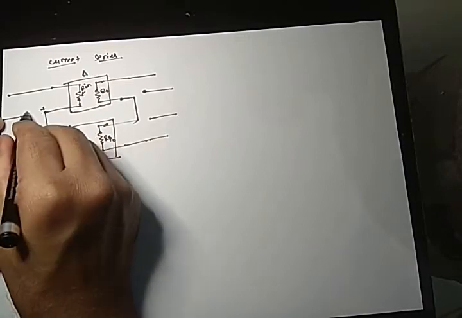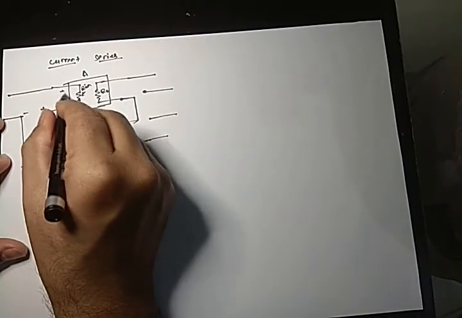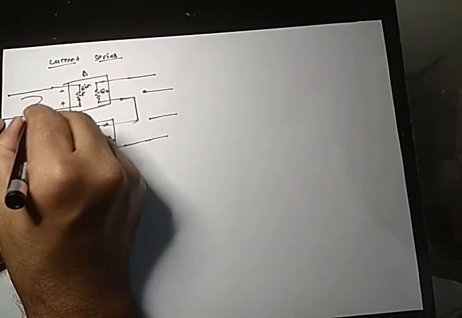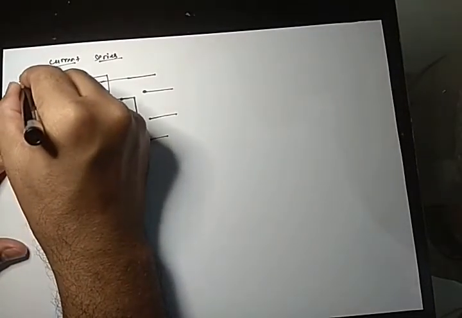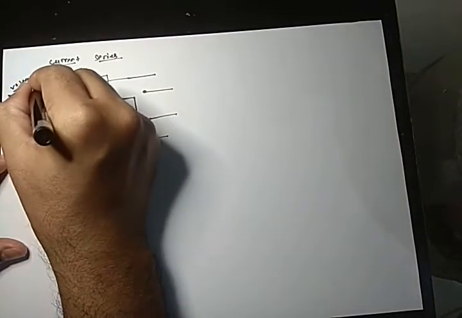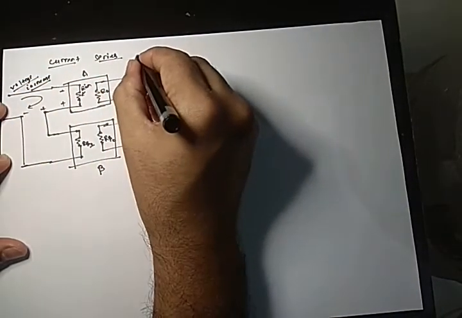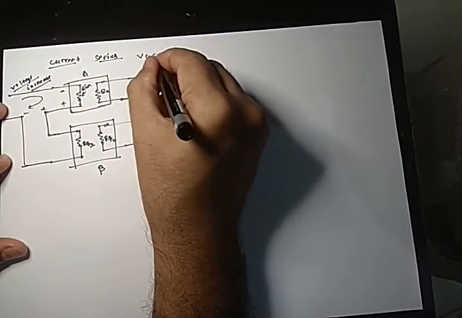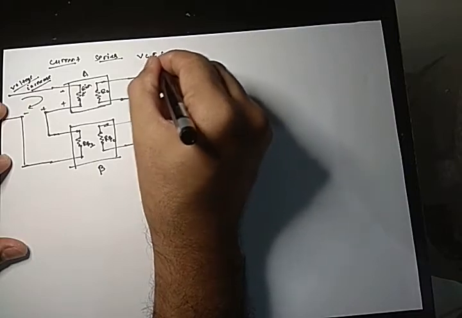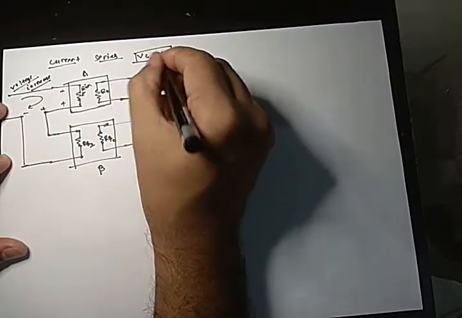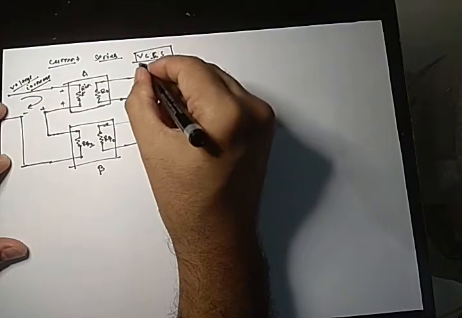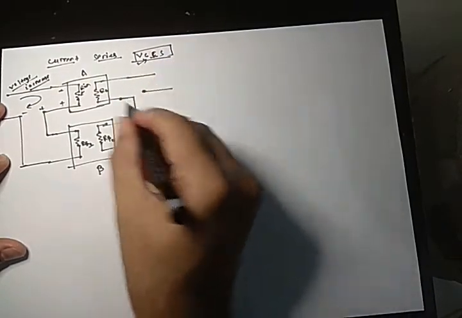Now we are providing voltage. Now here voltage has increased. It means it is a voltage controlled current source. Voltage has increased, that is why it is voltage controlled, and this is current source.